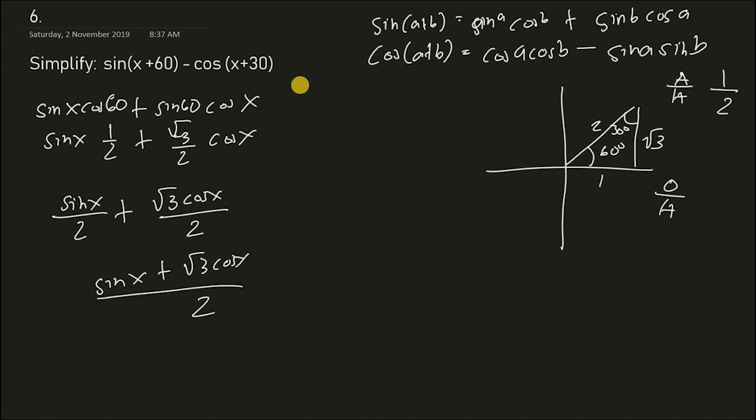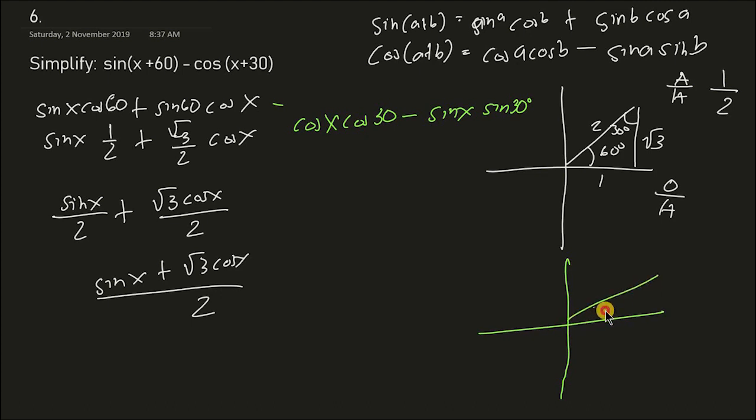Next, evaluate naman natin tong cosine. So, that would be minus cosine nito. Cosine A is x. That would be cosine x times cosine B, that's cosine 30 degrees, minus sine A, that's equals to sine x. Sine B is sine 30 degrees. So let's draw again the Cartesian plane. 30 degrees is along this line.